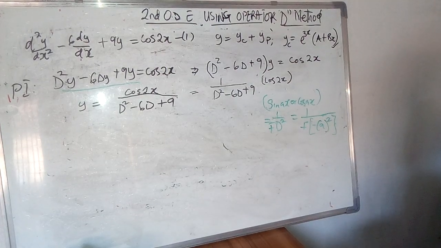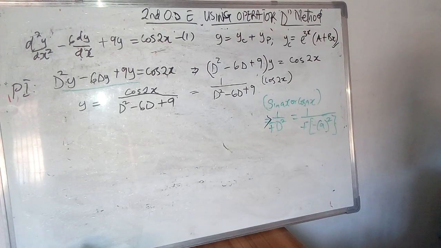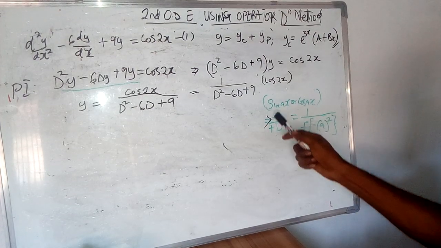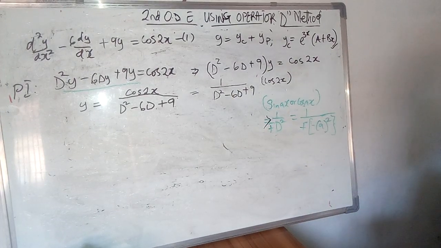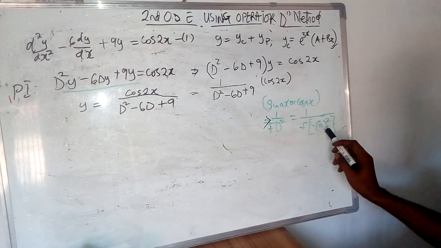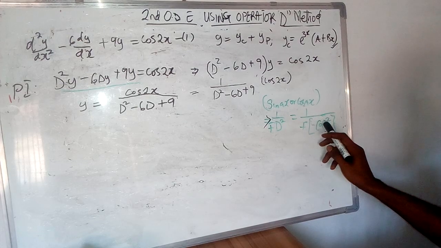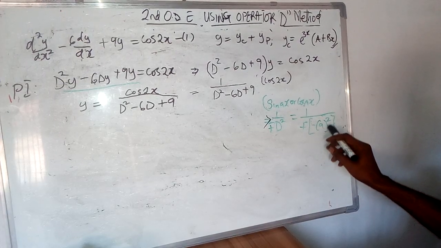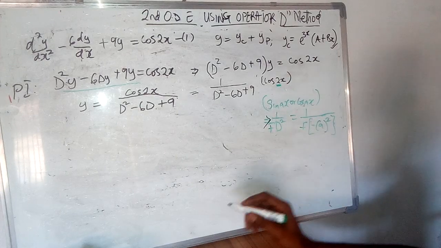What this tells you is, if we have a trigonometric function sin ax or cos ax, and the operator is operating on that function in this manner, like integration, as we said earlier, that 1 over D is integration, wherever you see D squared, you replace it with minus a squared. Alright? For this problem, what will be a? a is 2. Okay?